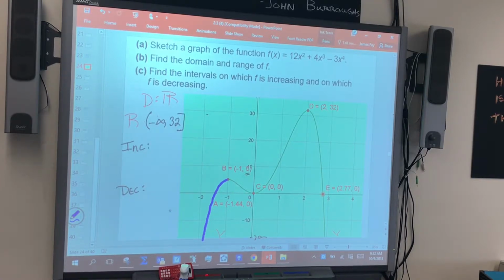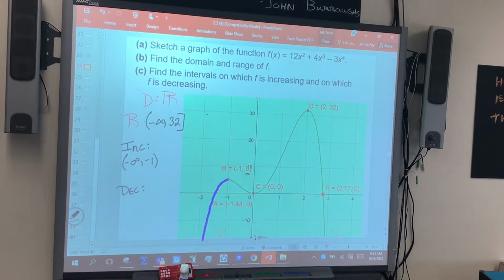So the first x value that I would be increasing with would be negative infinity. At what value does it stop increasing? Negative 1, right? Okay. So we're increasing from negative infinity to negative 1.